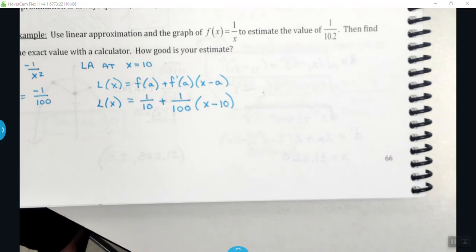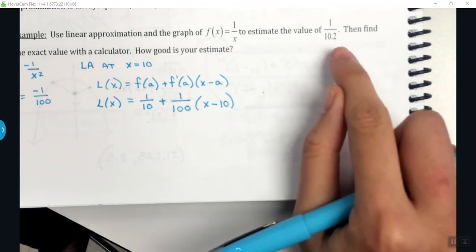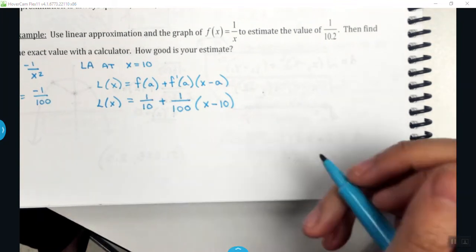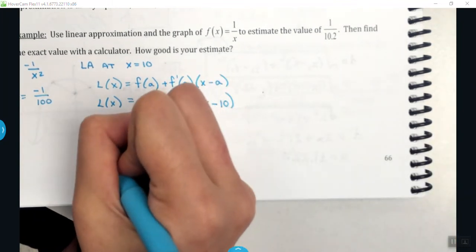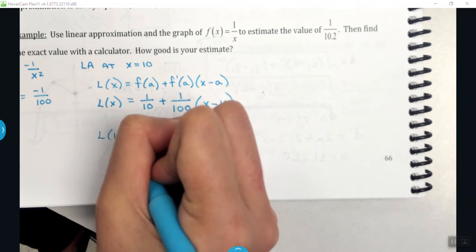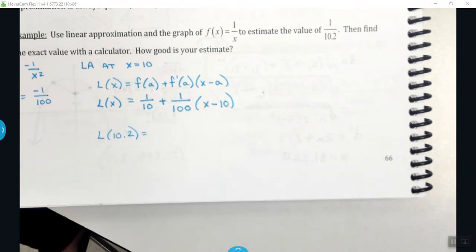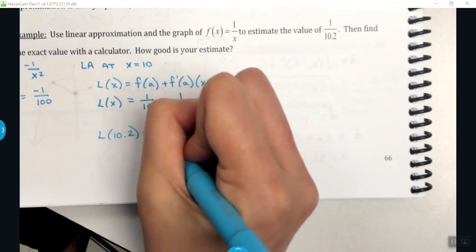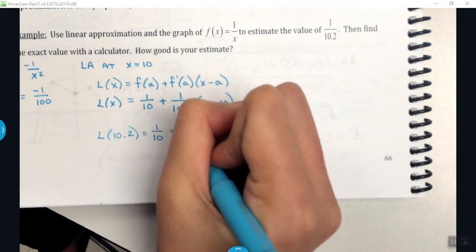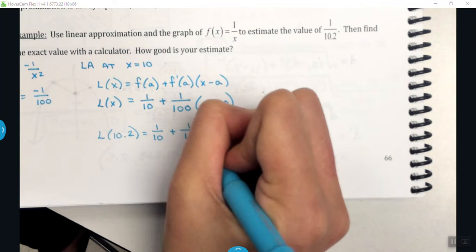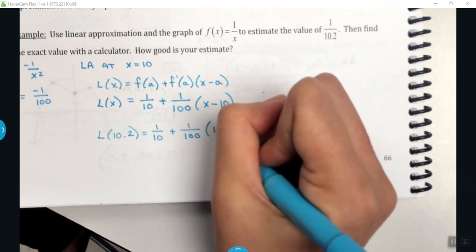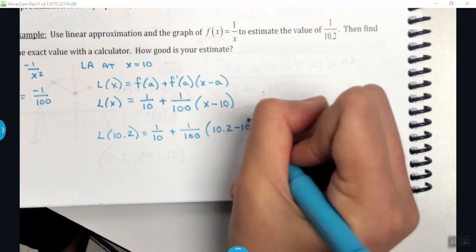Okay, and then we're going to plug in 10.2 for x and solve for what my tangent line would give me. So my linear approximation at 10.2 is 1/10 plus 1 over 100 times 10.2 minus 10.